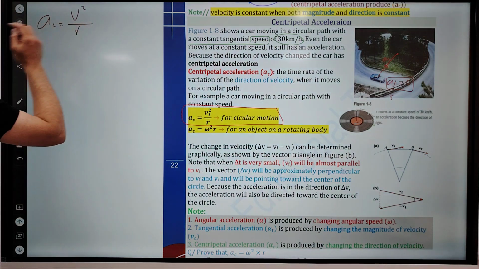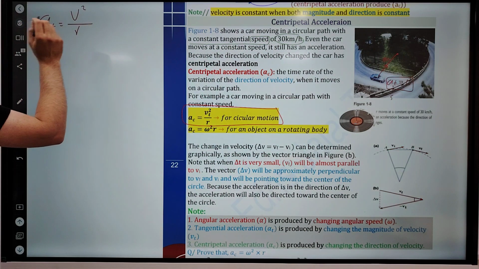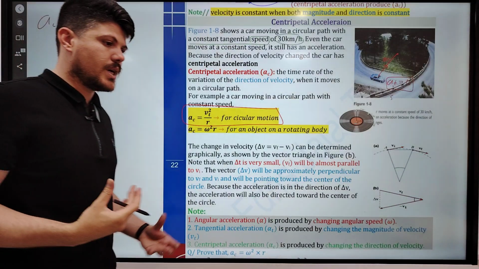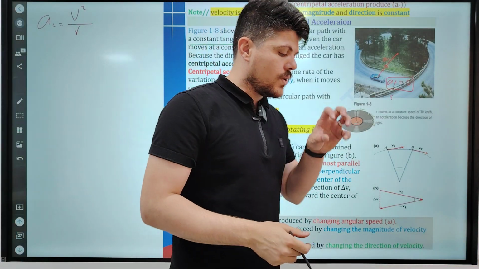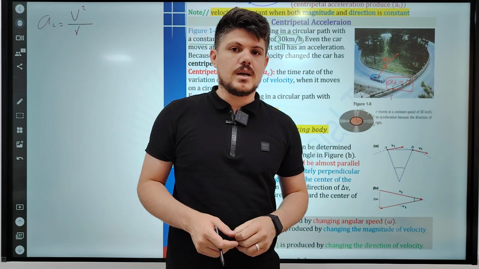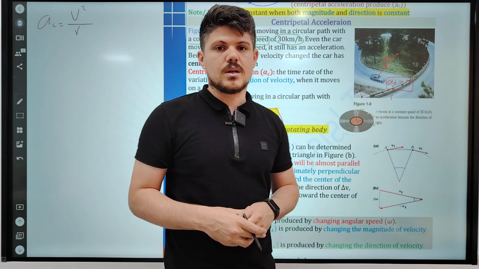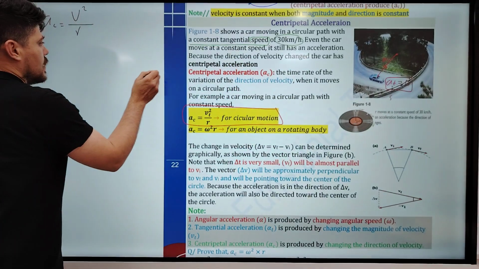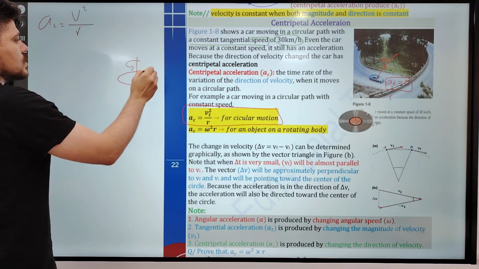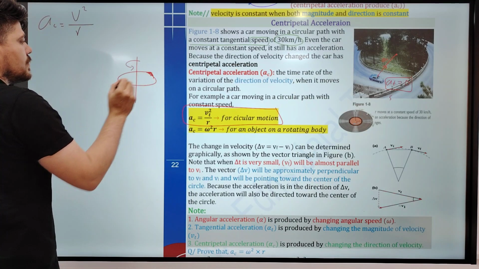Okay, in the case when an object is rotating, any point on the rotating object has circular motion. For example, this object is rotating in this plane.